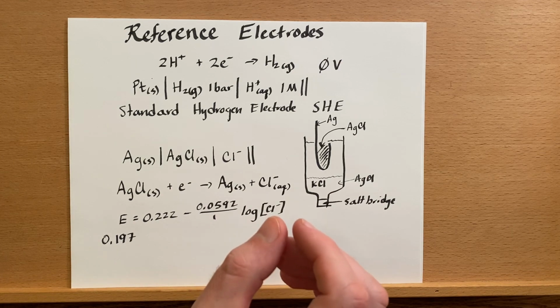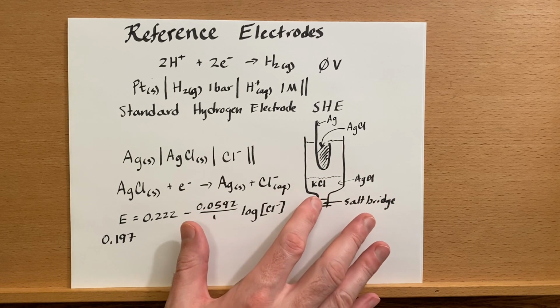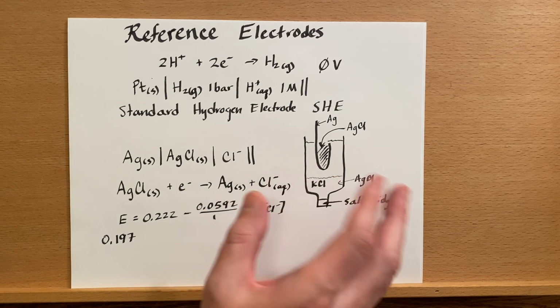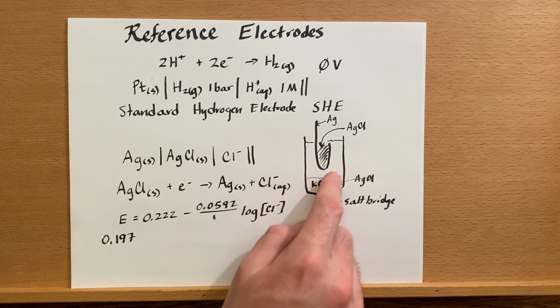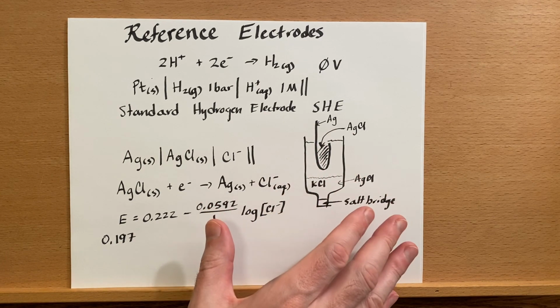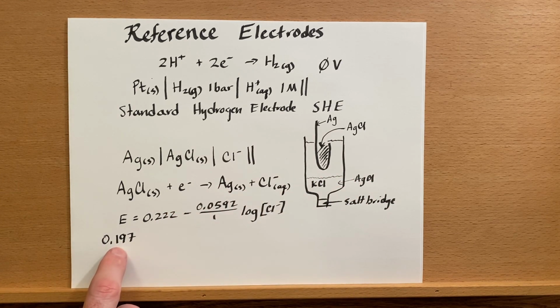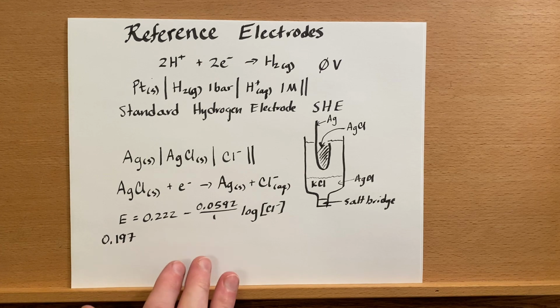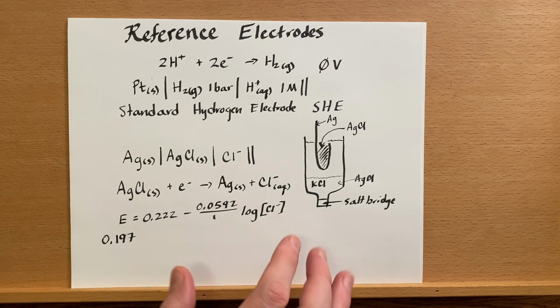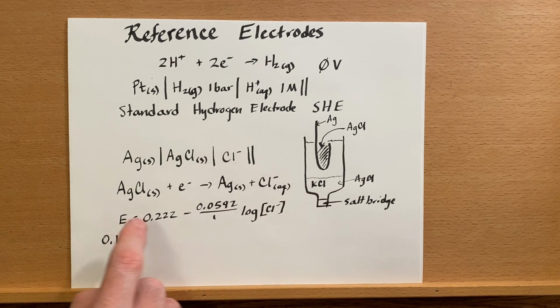You only need to run a very little amount through in order to measure the potential. And as long as you're doing that, you won't wildly change the characteristics inside of this electrode, and you can determine what the potential is of something else, because you'll know this one is 0.197, and it will stay at that level constantly because we're keeping the chloride concentration the same, and so then this potential will stay the same.